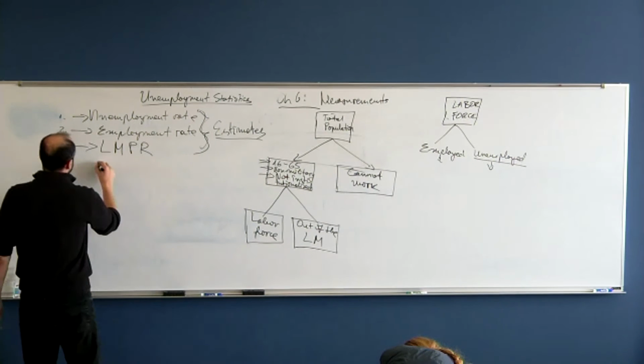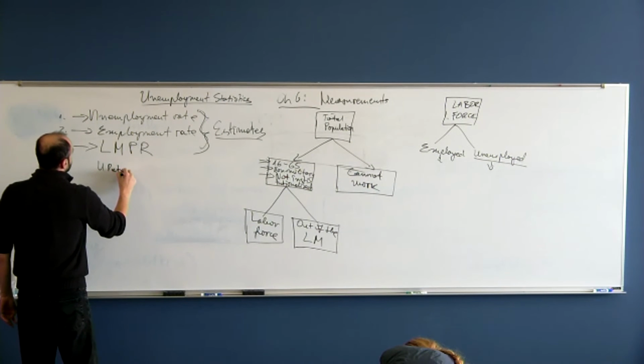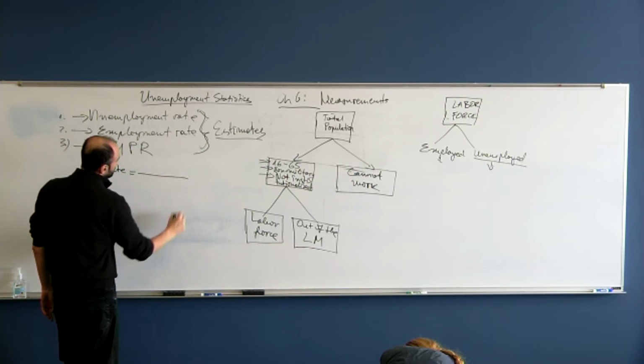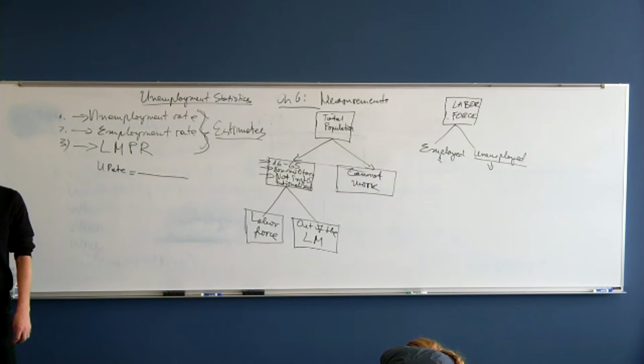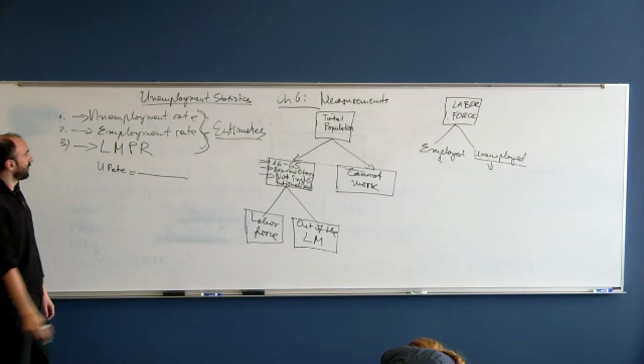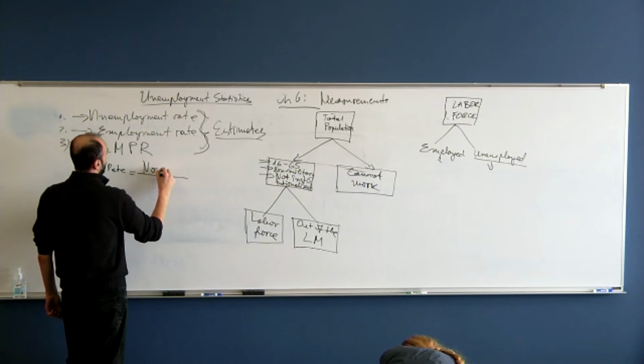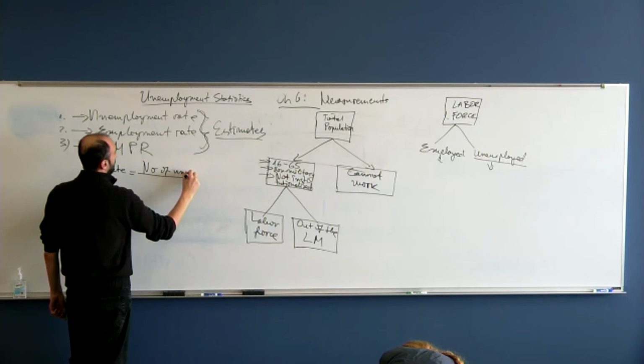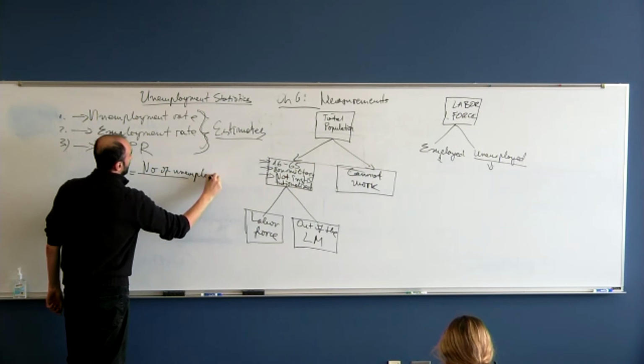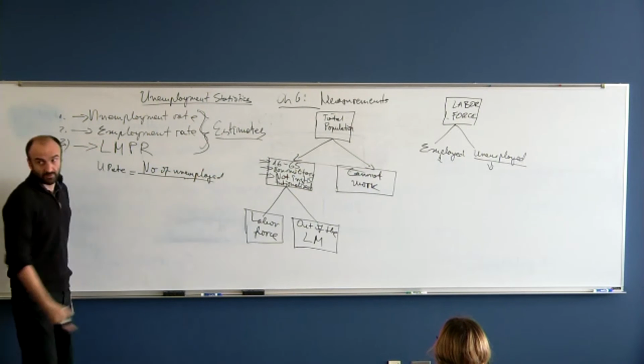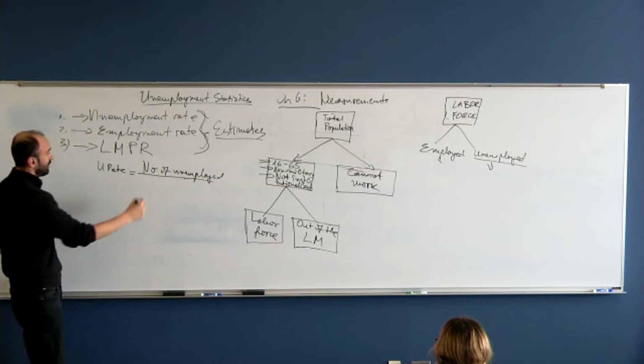It's very simple. Unemployment rate is the number of unemployed people any given week, divided by the labor force.